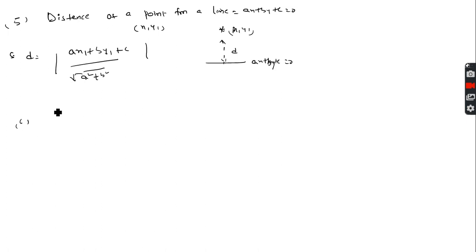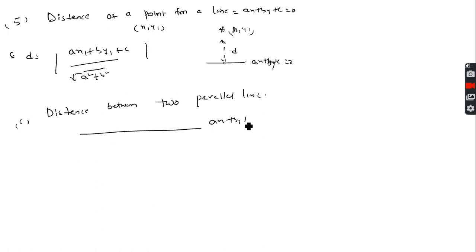distance between two parallel lines. If this is a line ax plus by plus c1 equal to 0, and this is another line ax plus by plus c2 equal to 0, parallel means ax plus by is the same, and we need to find this distance d.